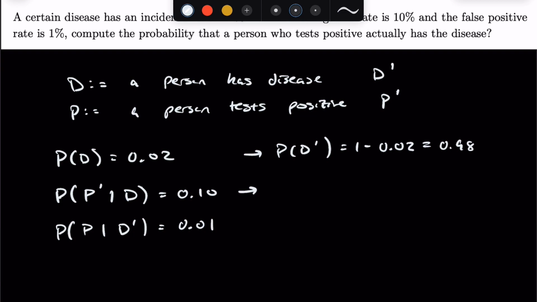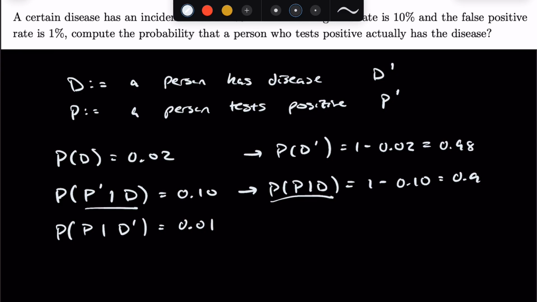By similar logic, the probability that a person tests positive and they do have the disease, so this would be an accurate test result, is 1 minus 0.10, or 0.9. This event is the complement of P prime given D.